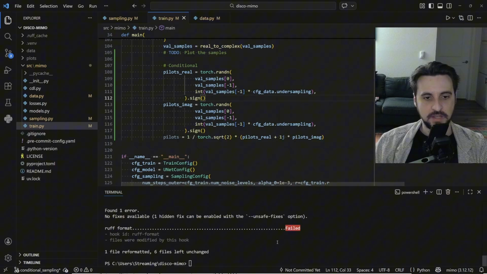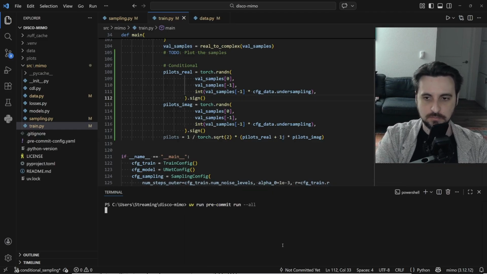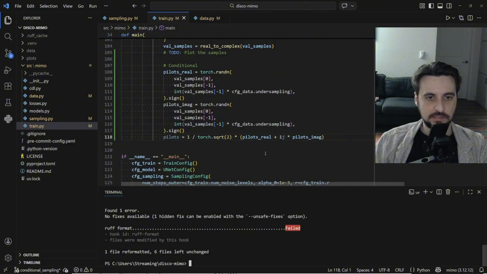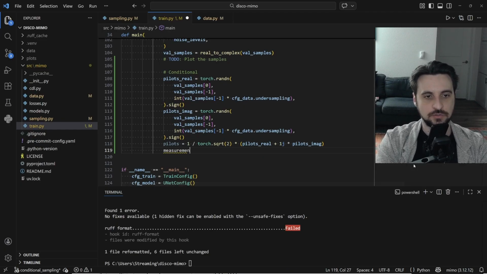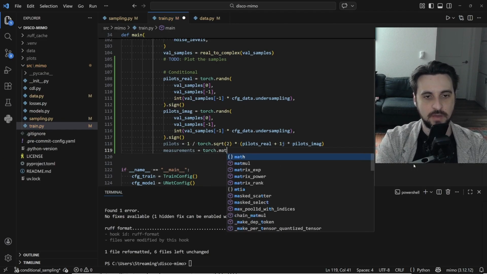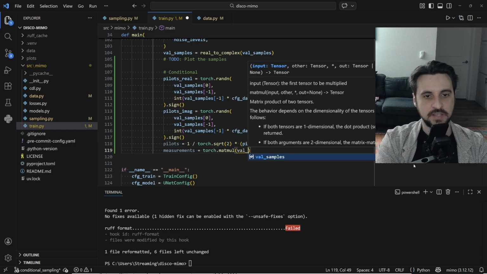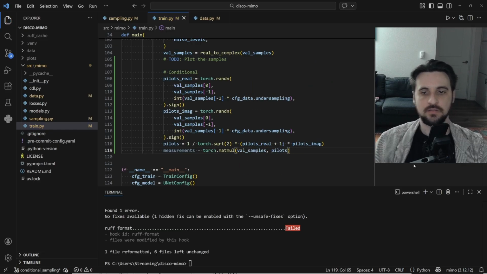Now I also do take the sign here because I only care about plus minus 1. Okay, this looks a bit cleaner now. Okay, so we have the pilots, then we can generate the measurements. Now it's trivial, right? It's just torch matmul, the samples, pilots, done.